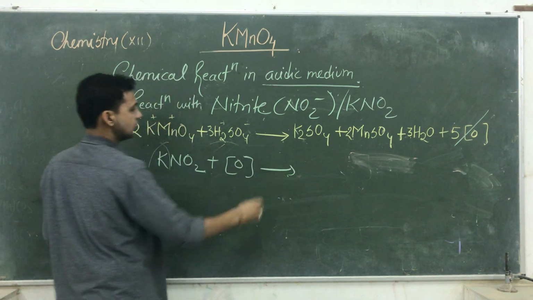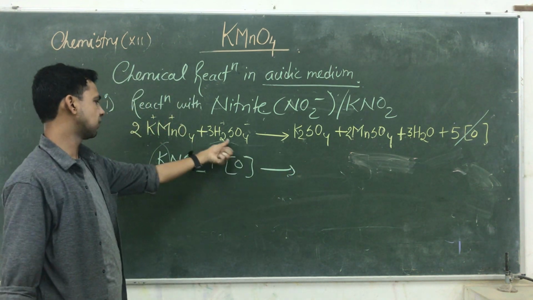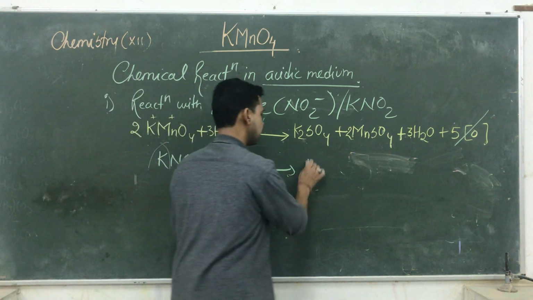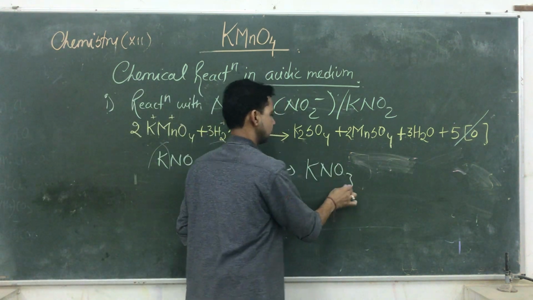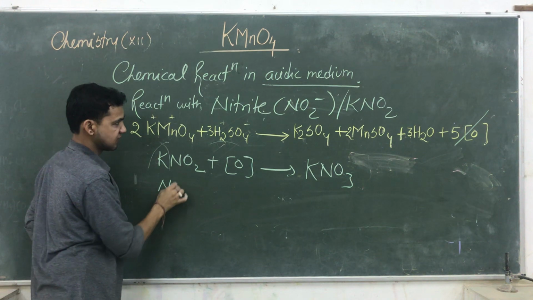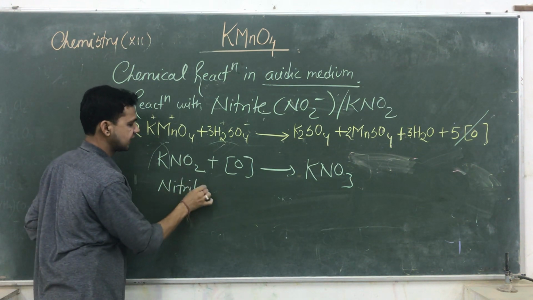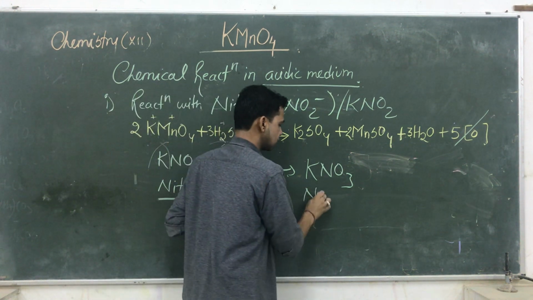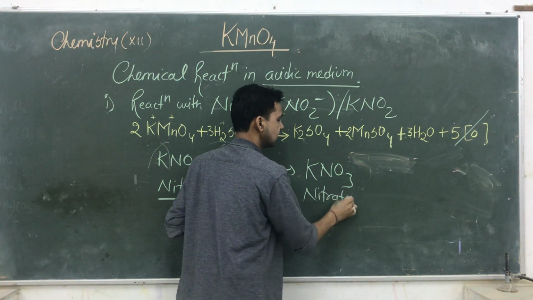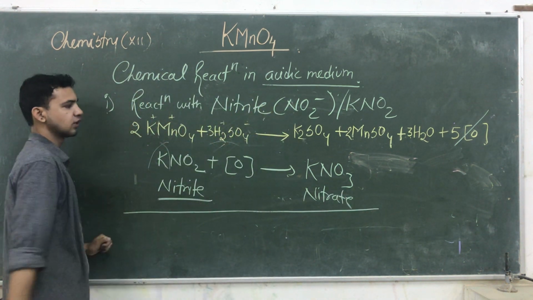It reacts with O. The KNO2, what O is capable to react with nitrogen. So it is giving you a simple compound KNO3. ये क्या था आपका? That one is known as the nitrite, and this one is converting into nitrate. That's all. Complex बनाने का कोई फायदा नहीं.